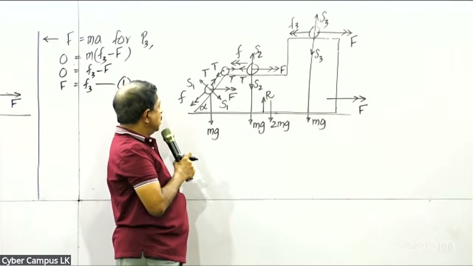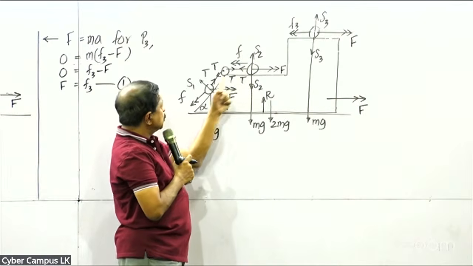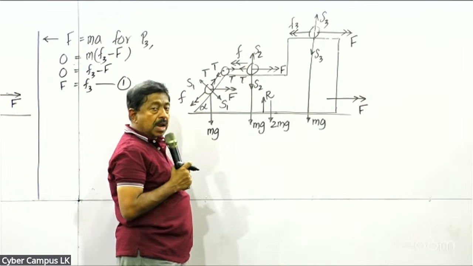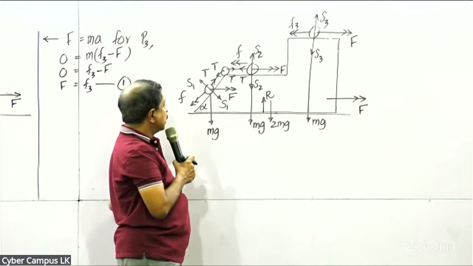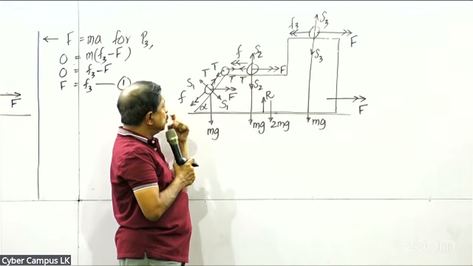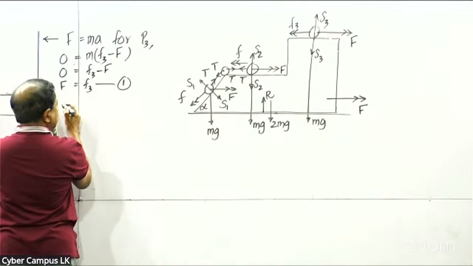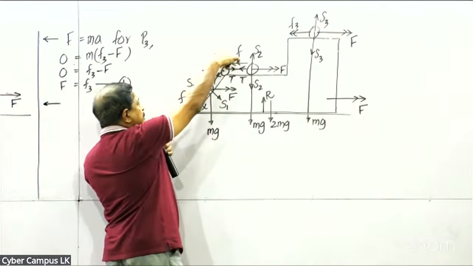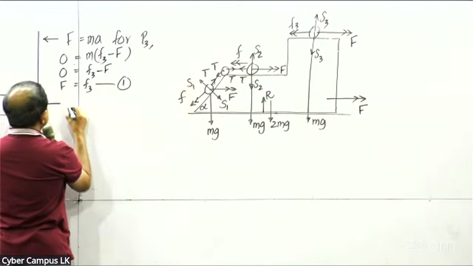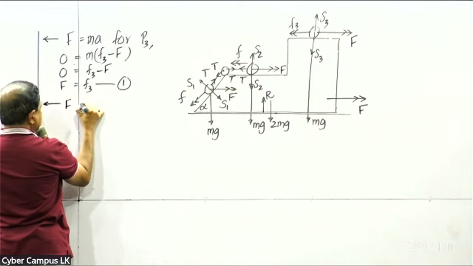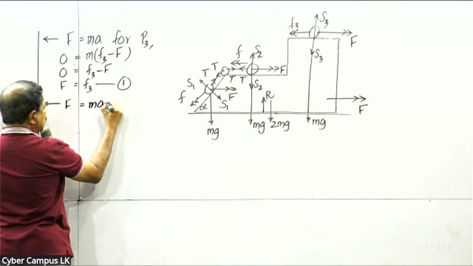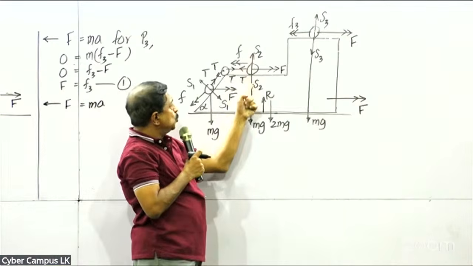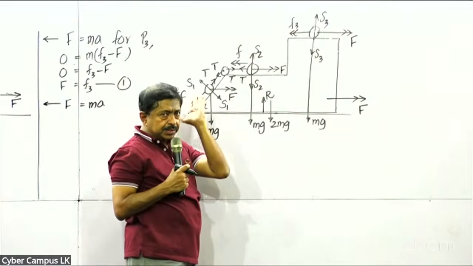Now apply 2 equations to these 2, and we need to find capital F. We'll apply an equation to P2. Again, you can apply it in this way because its main acceleration is simple F. And if you apply it horizontally, S2 will not be involved in the equation.